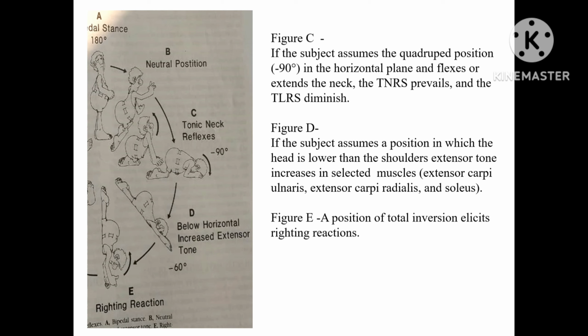But in this position, the tonic labyrinthine reflex, that is, the extension and abduction of the upper extremity seen in the supine position, is diminished. Then figure D. In this position, the head is lower than the shoulder, so mainly the extensor muscles will be activated.